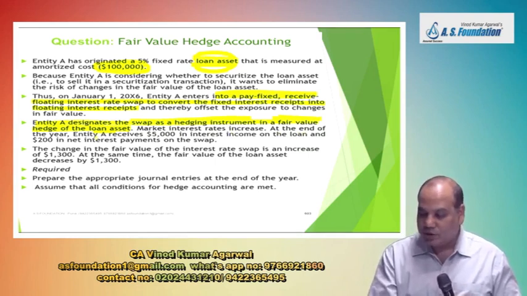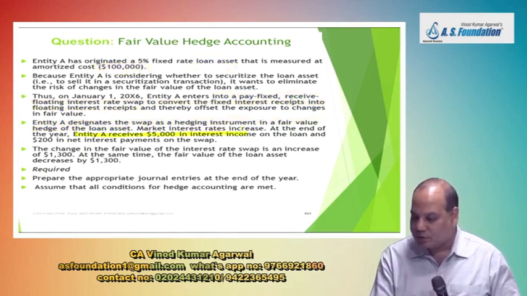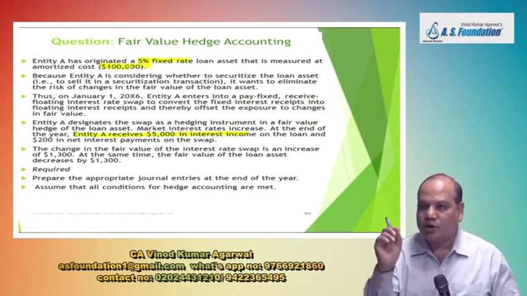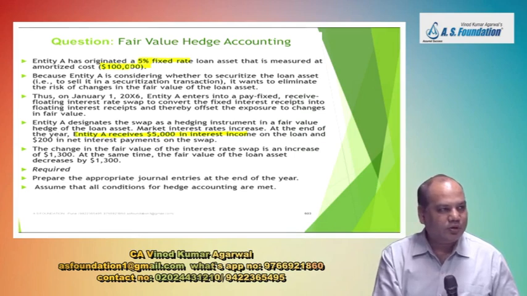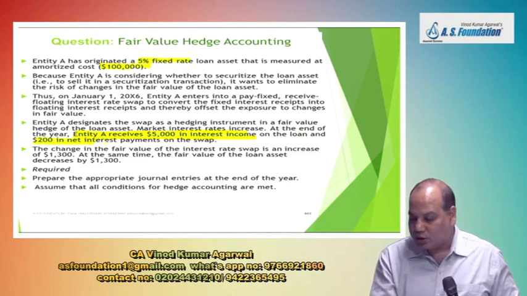At the end of the year, entity A receives $5,000 interest income on the loan. Now, dear student, how has this 5,000 come? 5% of 1 lakh. This is the original contract with the original entity. We are the investor. So the entity where we have invested will give you 5,000 interest income, and $200 is the net interest payment on the swap.